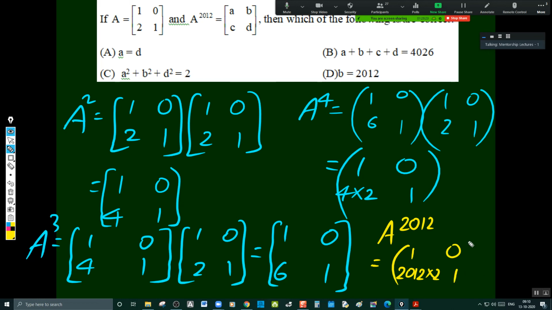So A is equal to D is inevitable, and A C plus B is also correct. And A square plus B square plus D square is also correct. And B, D wrong है. So A, B, C are correct. ठीक है. That's a simple question.